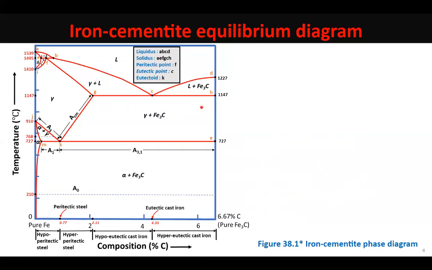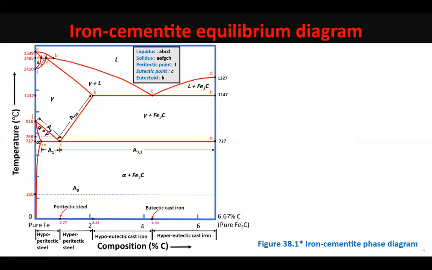Students, the second question pertaining to this reaction that can be asked is: which of the iron carbon alloys undergoes this reaction completely, or specifically which of the cast irons undergoes this reaction completely. Now we have already discussed in several sessions what this word completely means. Completely means that if you look at which is the cast iron which, above the eutectic temperature, would be containing only that phase that is required for the eutectic reaction, so that after the reaction it contains only that product or product phases which come through the eutectic reaction.